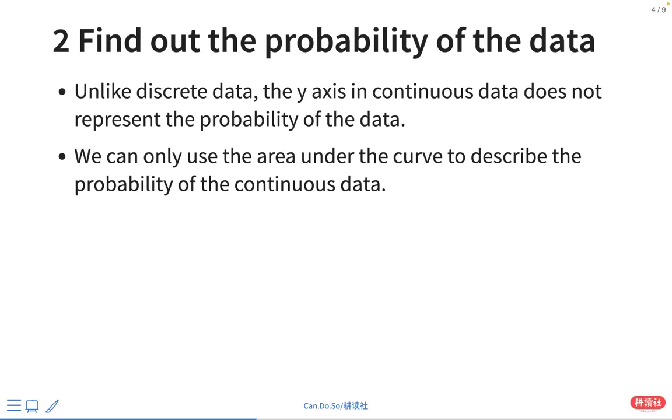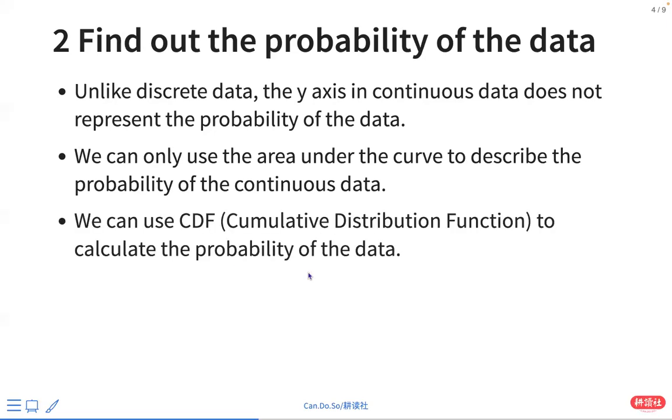Continuous data in theory has infinite values, so the probability at one point does not make sense. We can only use the area under the curve to describe the probability of the continuous data.